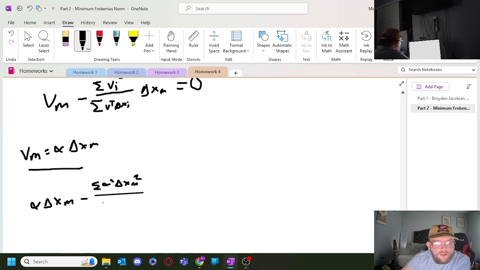And then we also got the summation of v transpose. So we get alpha, got delta xm squared. So these cancel out. This cancels that out. And we're left with delta xm.